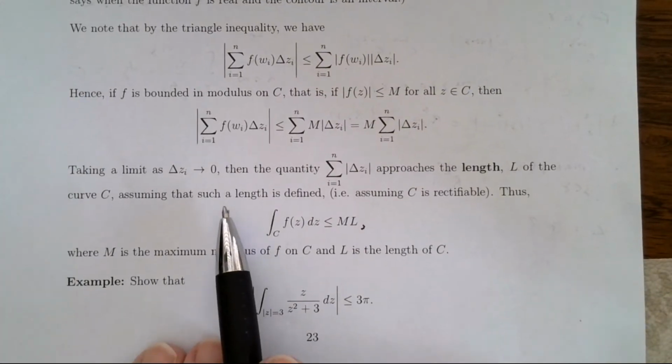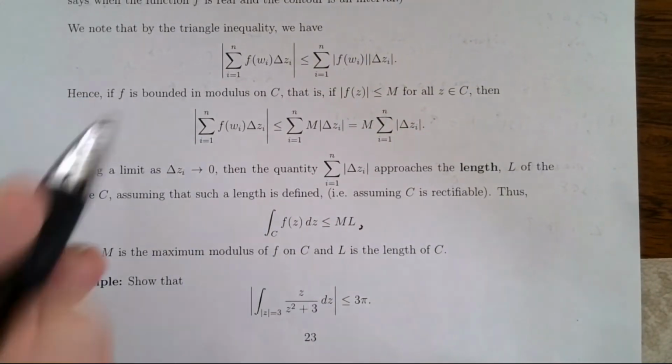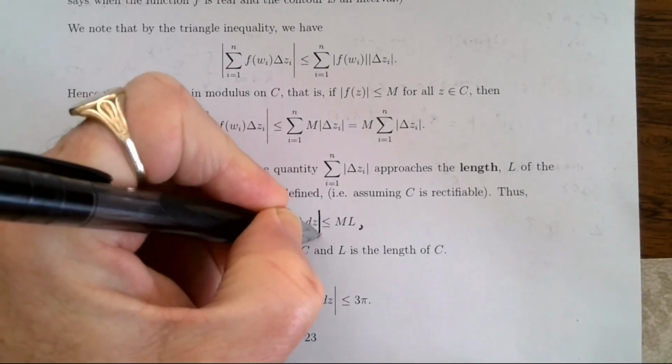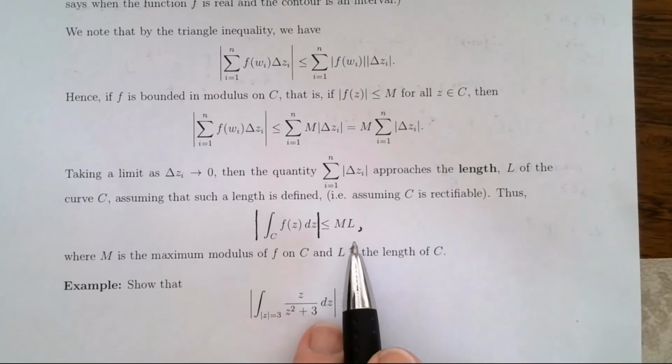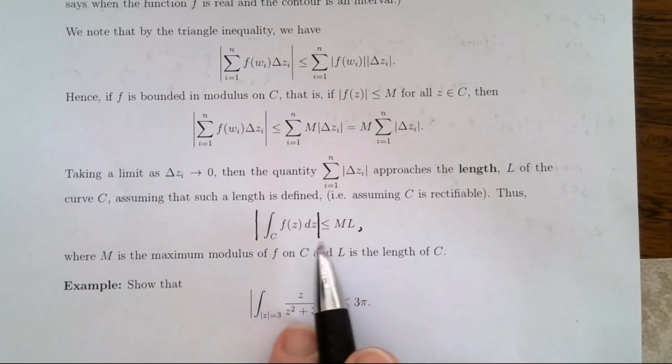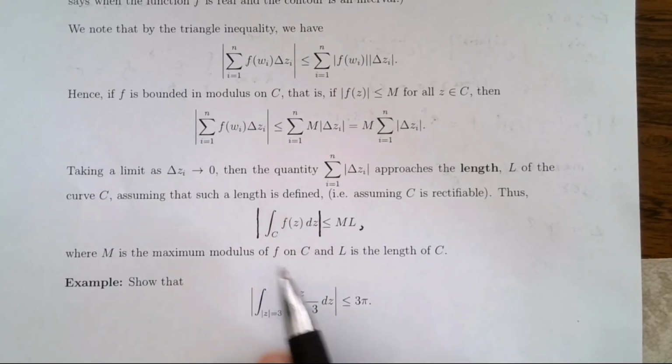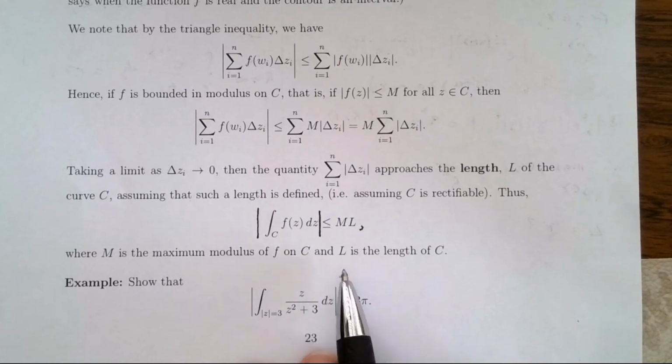And thus we have this analogue: the modulus of the integral is less or equal to M times L, where M is the maximum modulus of f on C, and L is the length of C.